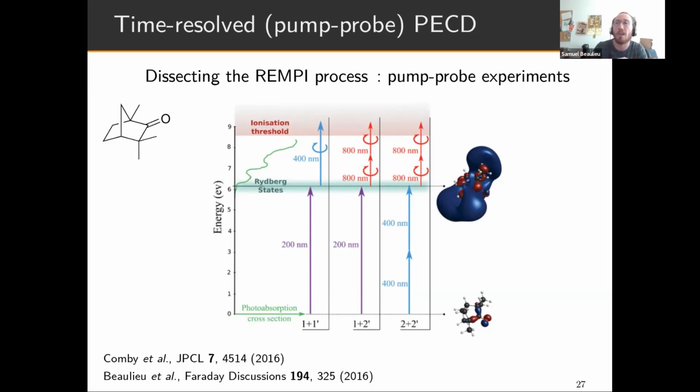The idea is to dissect the REMPI process temporally by using a first linearly polarized pump pulse, which will resonantly populate Rydberg states, and a second temporally delayed but circularly polarized pulse to measure the time-dependent photoelectron circular dichroism emerging from these Rydberg states. You can use a lot of various wavelengths, but we will focus on the simplest one, a 1+1' REMPI scheme.